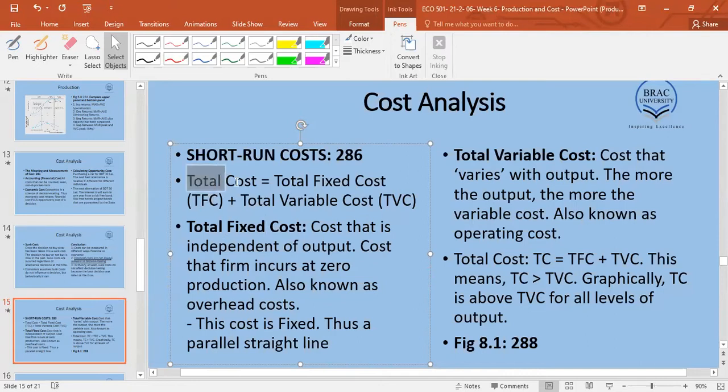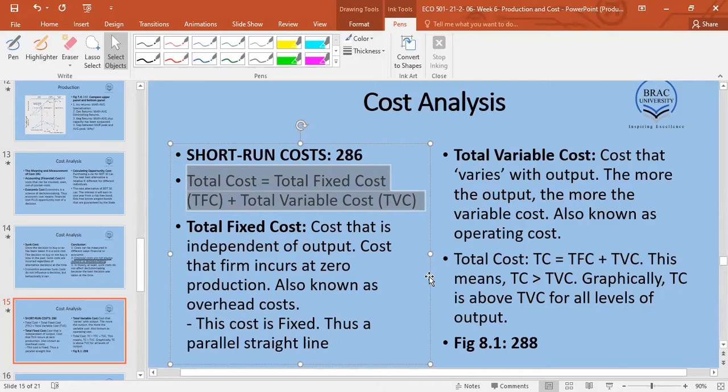Now, total cost is the sum total of these two functions: total fixed cost and total variable cost. Now, if you are not familiar with variable cost and you have a business background, you must be familiar with operating cost, right? Yes, sir. Variable cost is usually cost of goods, sir, not operating cost.